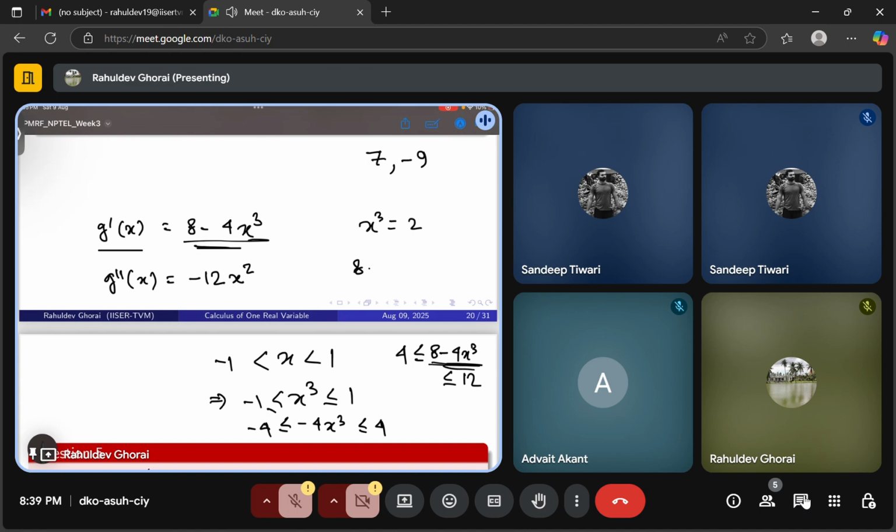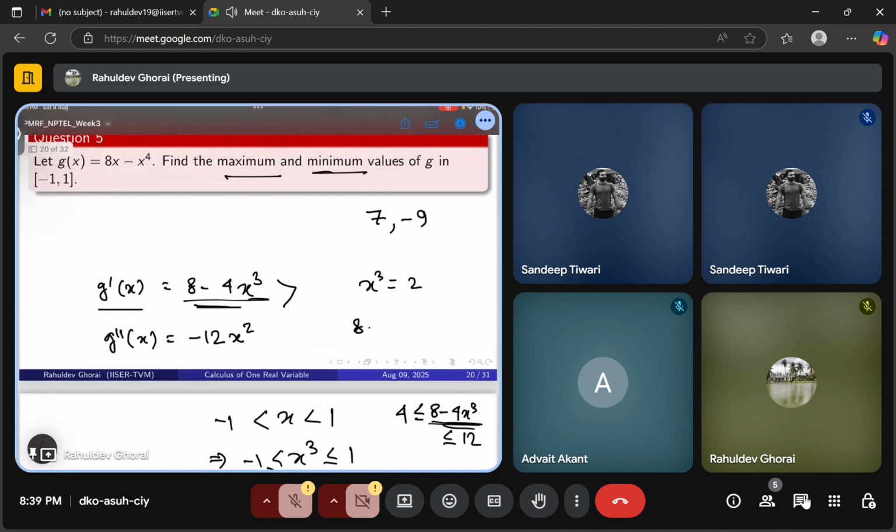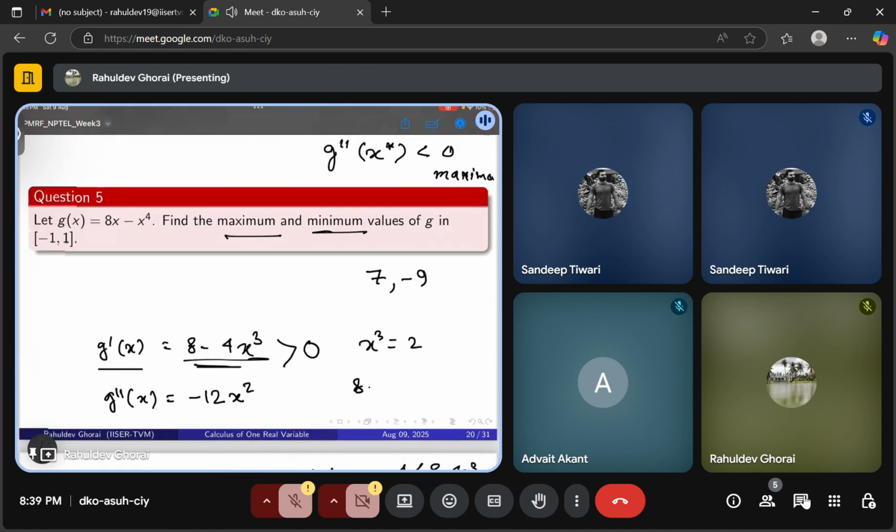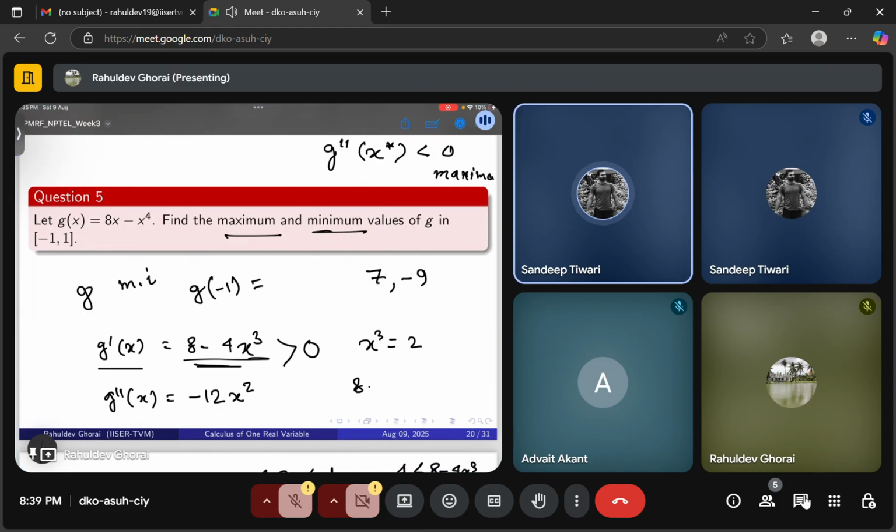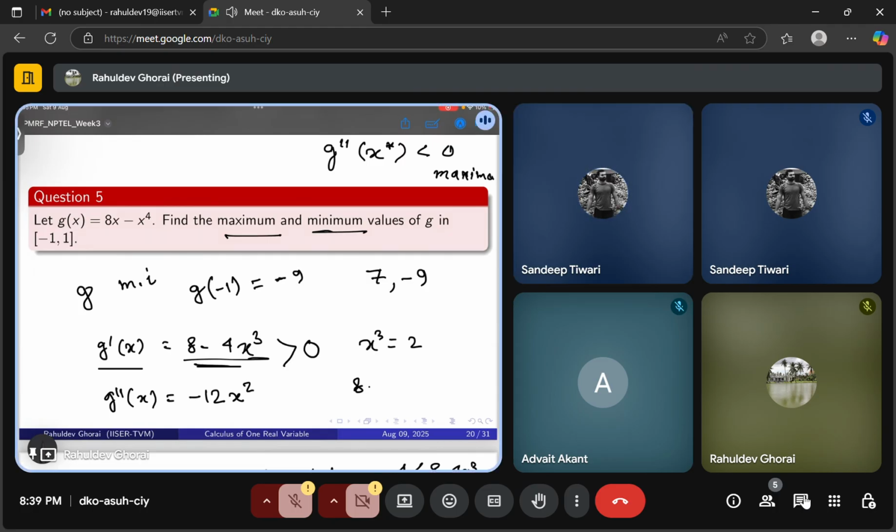So 8 minus 4x cube is always strictly greater than 0. That's why g is a monotonically increasing function. So g at minus 1 will be the minimum, that is minus 9, and g at 1 will be the maximum, that is 7.